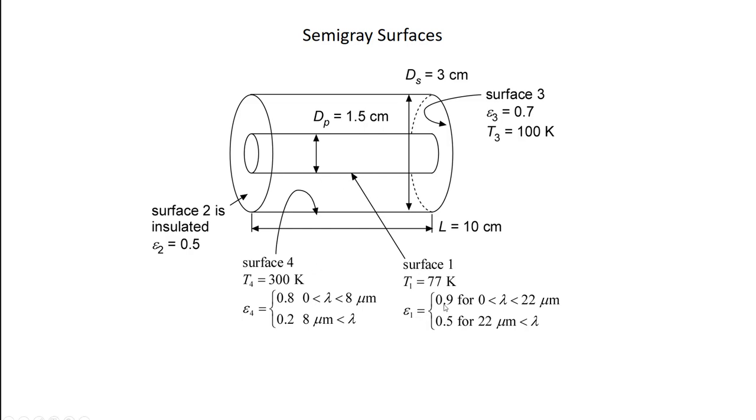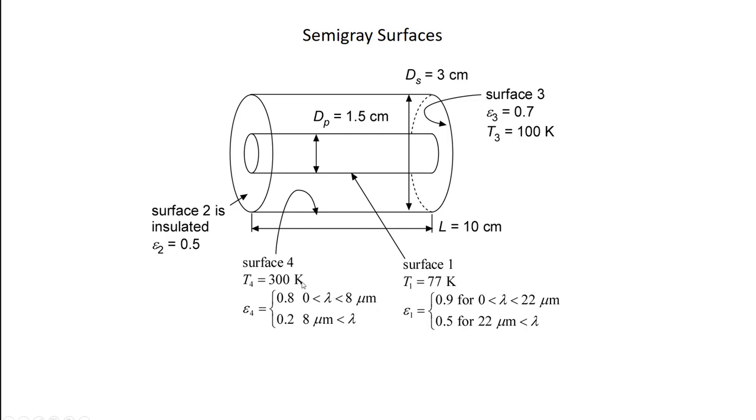This inner surface has an emissivity of 0.9 for this band, so from 0 to 22 microns, and then 0.5 above 22 microns. And then epsilon 2 is still just 0.5 over all wavelengths. Epsilon 3 is 0.7 over all wavelengths. And epsilon 4 now, it is 0.8 from 0 to 8 microns and 0.2 from 8 microns and above, right?